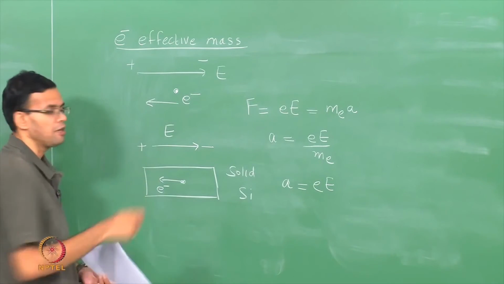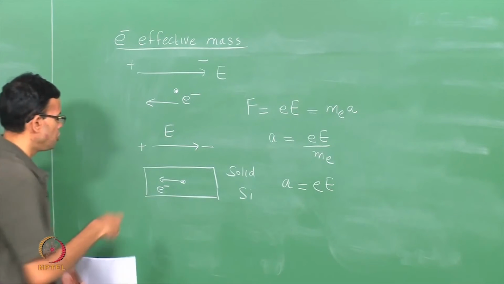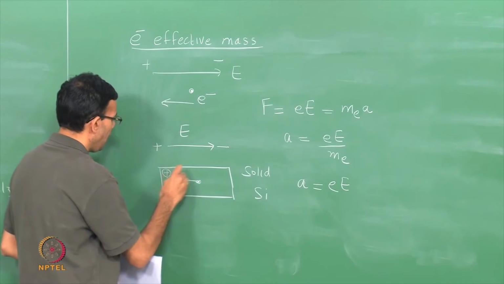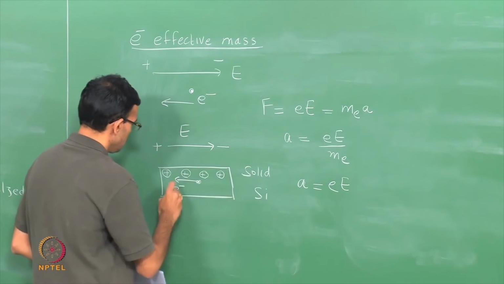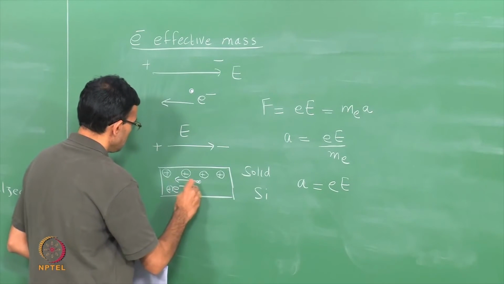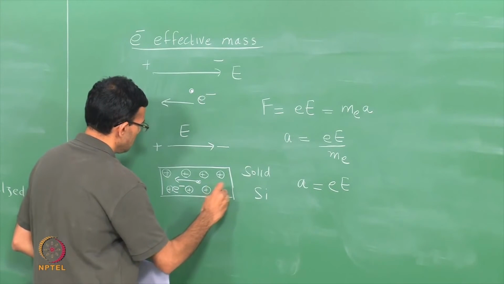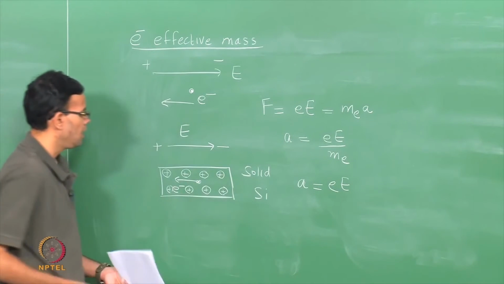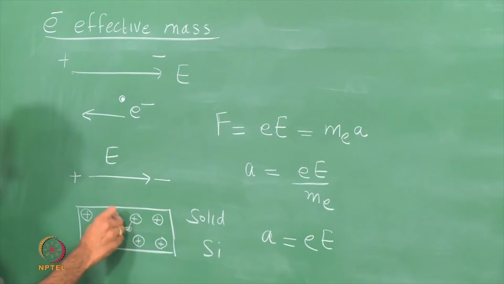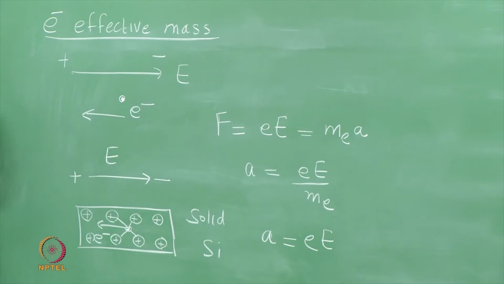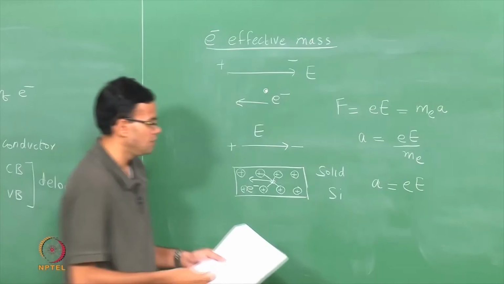So, that is the effect of the external field, but you also have a solid where you have a lot of atoms. And an electron can feel the influence of all of these atoms. So, you not only have an external field, you also have an internal field.